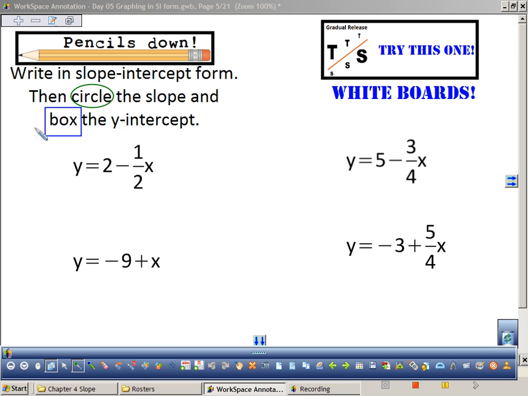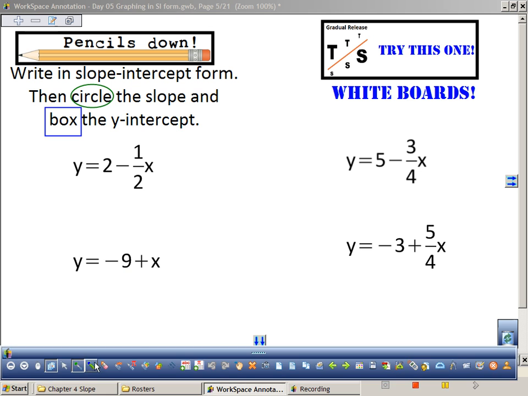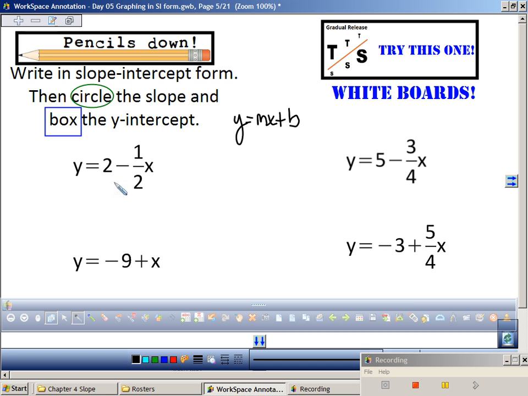So I'm going to write in slope-intercept form. Then I'm going to circle the slope and box the y-intercept. Is this in slope-intercept form? No. Slope-intercept form is y equals mx plus b. So, what's wrong with this? It's the opposite. Y equals b.